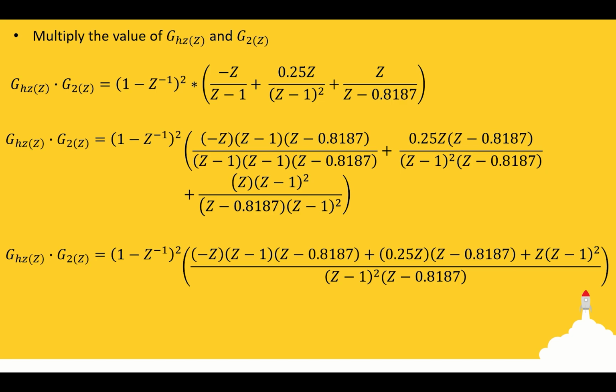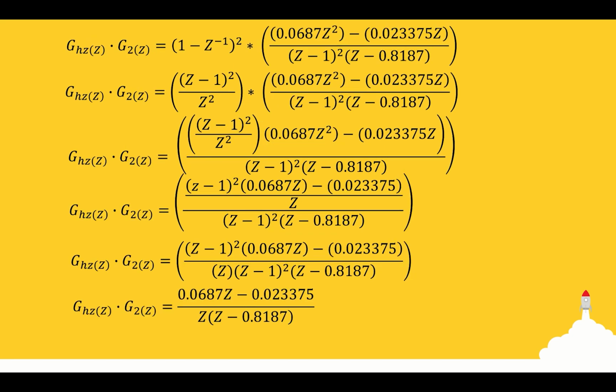And this one we substitute. First of all, on the right side, which is the G2 z, we have to simplify and make the denominator the same. Therefore we will get this one as the simple one.